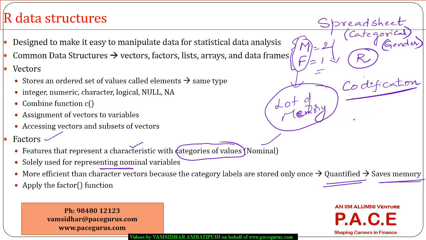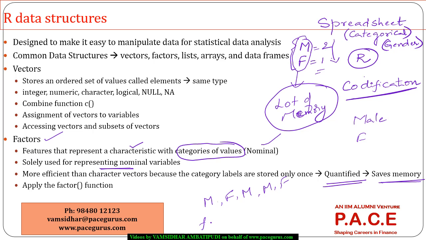So even if we get the data in the form of male, female, let's say there are 5 people: male, female, male, male, female.